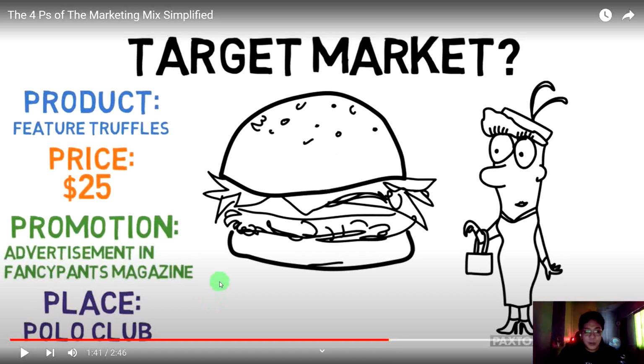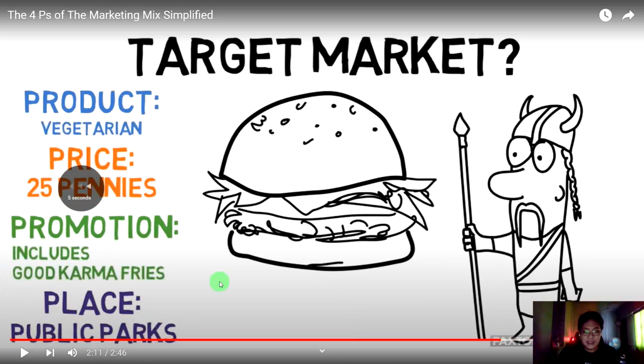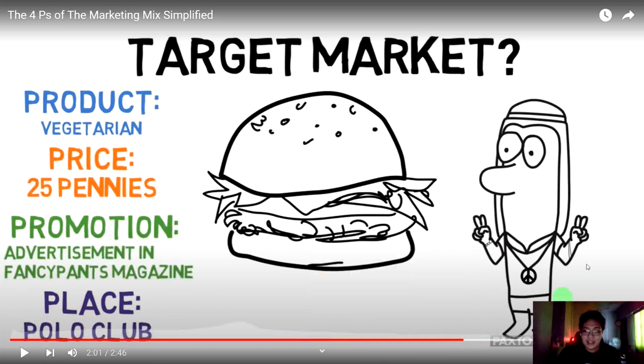Polo club. Now, compared with this person, this one naman is a hipster of some sort. Parang hippie dun sa US. And we cannot sell truffle burgers to someone like him, kasi he doesn't belong in that segment.